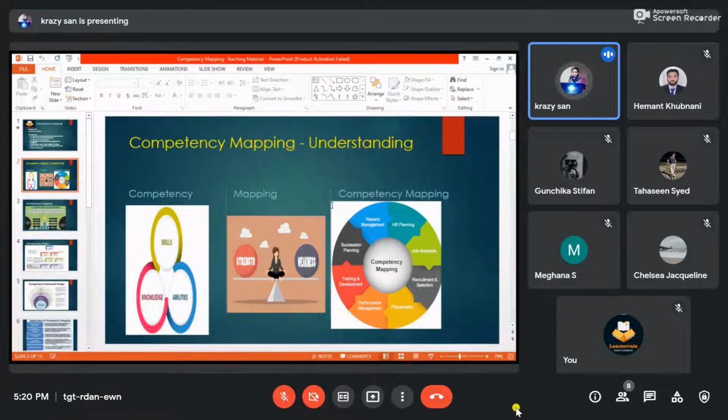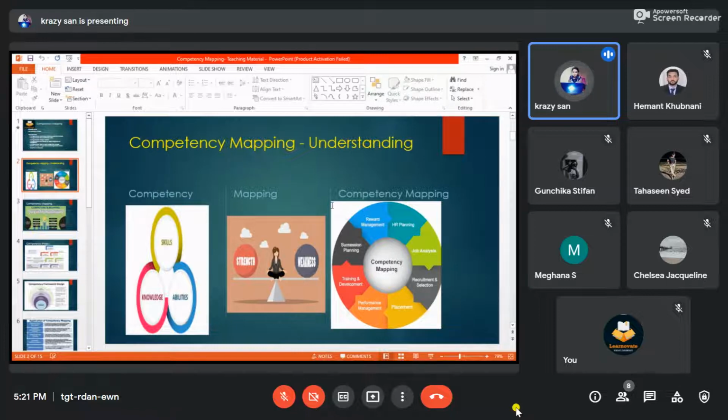Now when it gets combined with competency mapping, in HR formation, the prime asset of an organization or a company is human resources, right?